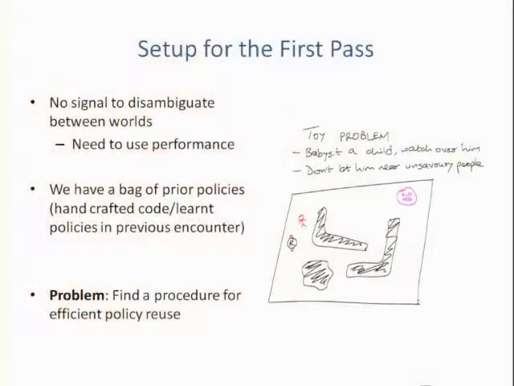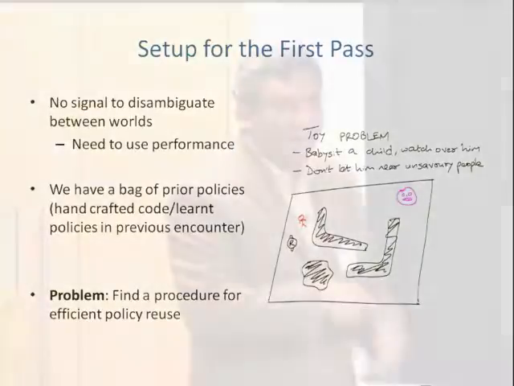So what we're interested in is, I don't have a disambiguating signal explicitly, and I want to use my performance in the task to disambiguate which world I believe I'm playing in. And I might say that I have a number of different prior policies that I can use. So if I see people with red shirts, then I act in a certain way. If I see people who look threatening for some reason, I act in a certain way.